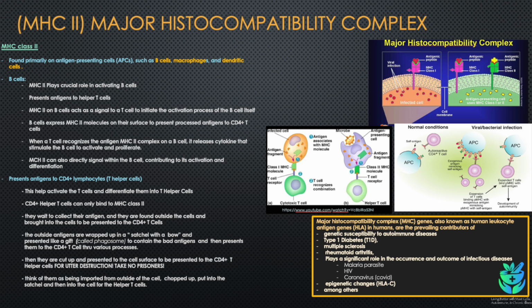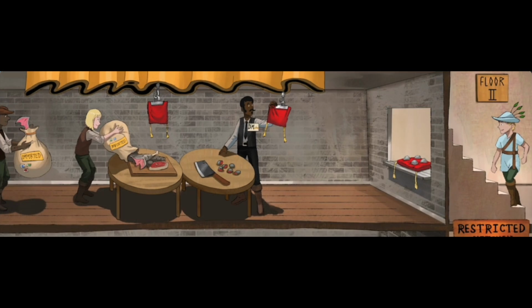They wait to collect their antigen, which is found outside of the cells and brought into the cells to be presented to the CD4 plus T cells. So the T helper cells can only bind to the MHC class II. Like we learned in the video we watched a few minutes ago, they captured the dragon mice outside the castle and imported them in, or outside the cell. This video is describing what we're talking about now, and is a perfect representation.